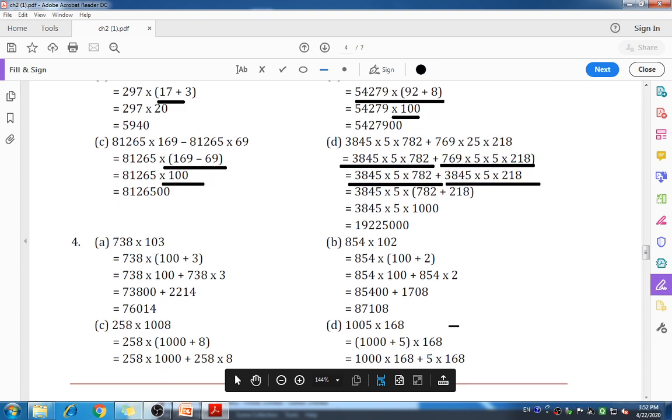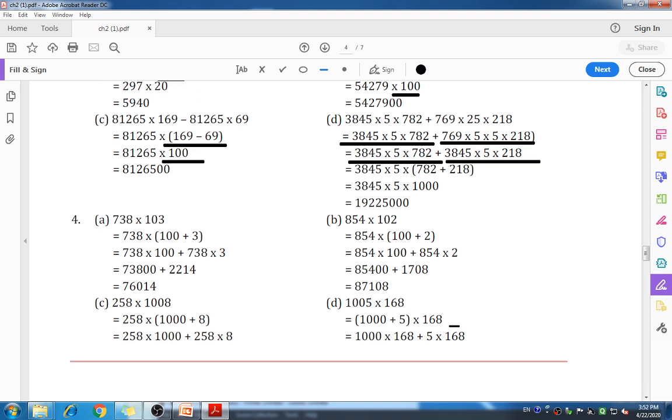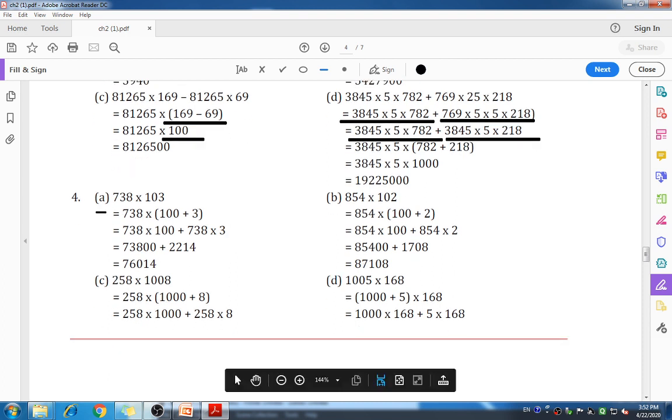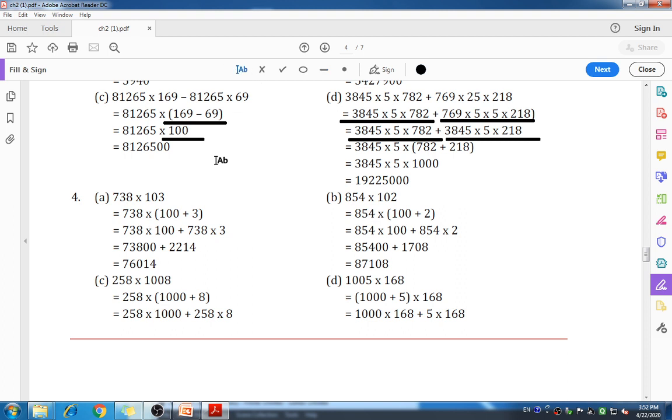Find the product using suitable properties. Look carefully. Here is the first question. 738 into 103. Instead of 103, I wrote 100 plus 3.